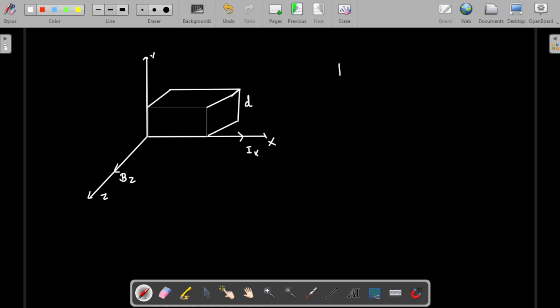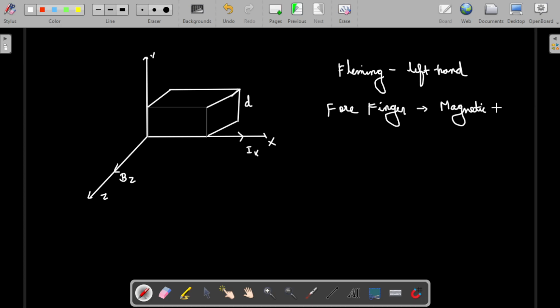This is similar to Fleming's left hand rule, so you can also try it. The forefinger will point to the magnetic field, the middle finger will point to the current, and the thumb will point in the direction of the force.